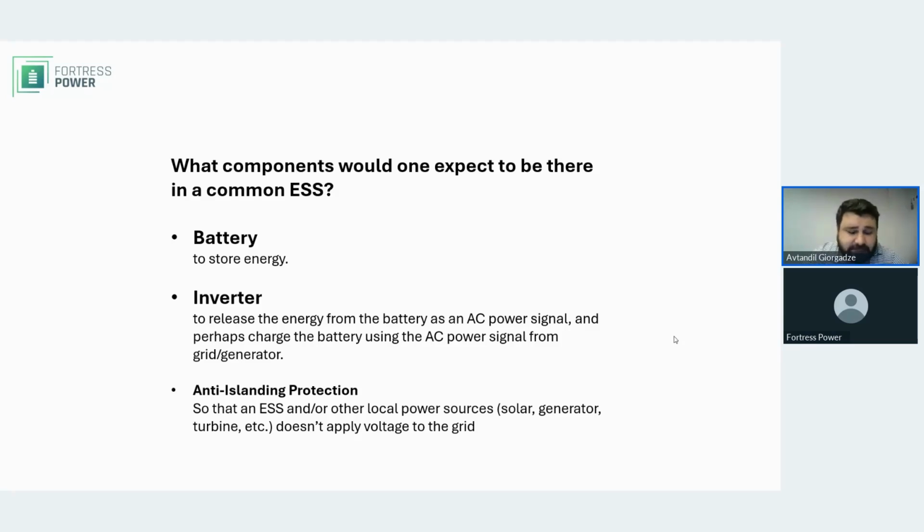And also, just like we said before, because we have this requirement, we must have anti-islanding protection so that an energy storage system or whatever power source you have cannot apply any voltage to the grid. So these things, at least, we would expect to see when we are focusing on a common energy storage system.